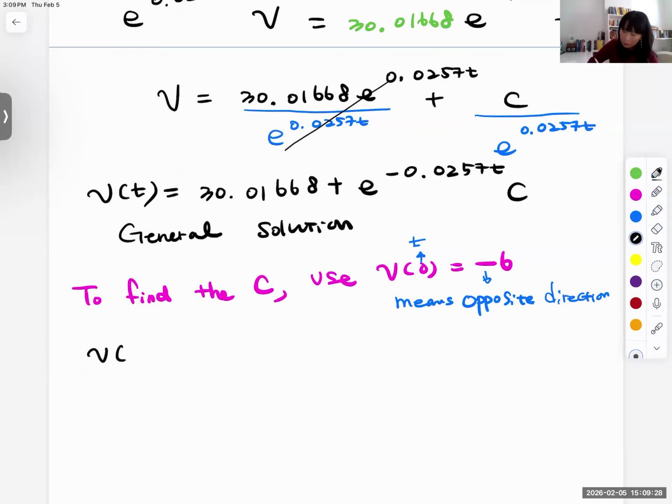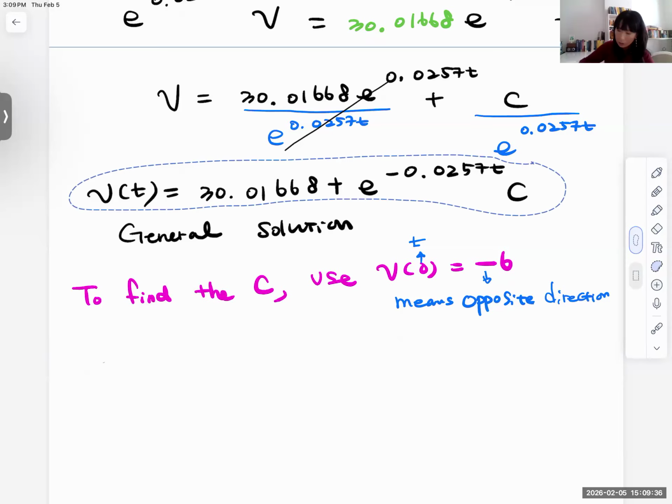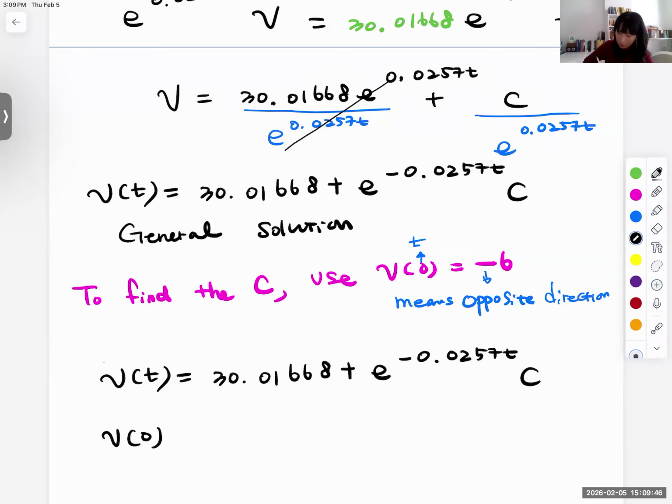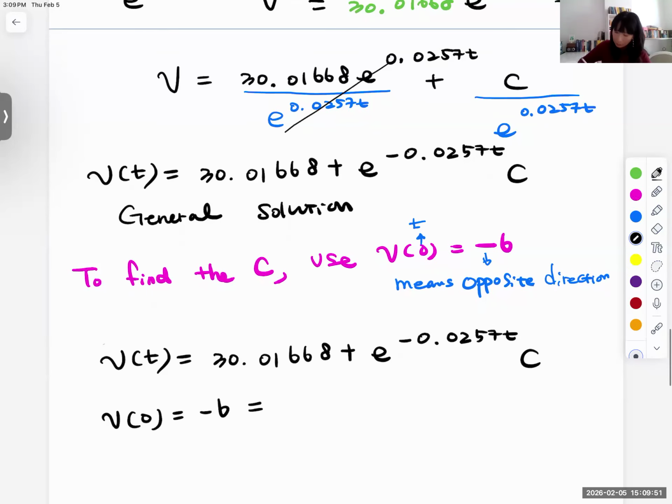So we have v of t. Let me just copy. So v of 0 equal to -6 equal to 30.01668 plus C e to the negative 0.0257 times 0.